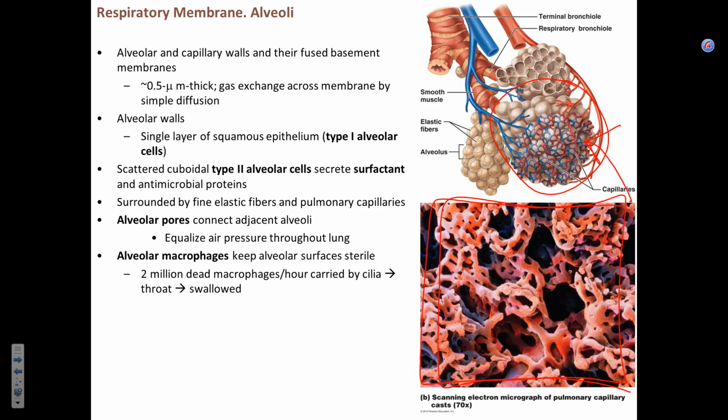So they make up this enormous network which allows really efficient and rapid gas exchange. Now if you think about it, this is your capillary. I'm going to draw it in red, with endothelial cells, right? Does that make sense? Then you have the basement membrane, and then you have the alveolar epithelium.